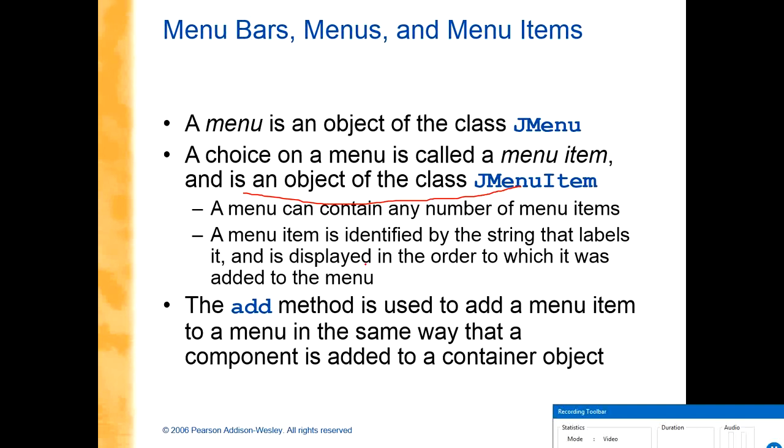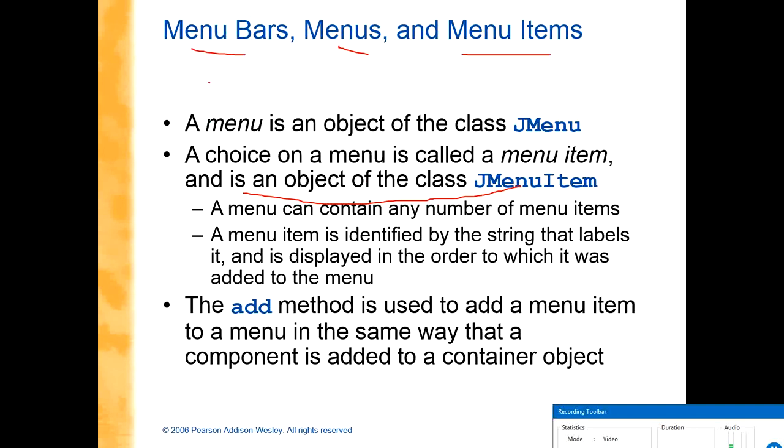So it will be displayed just like in the layouts, the way we add the components, they are displayed. Same thing is with the menu. The way we add our menu items, they will be displayed in the same order. So the add method is used to add a menu item to the menu. We have three things: menu, menu item, menu bar. In this slide we are talking about menu and menu item.